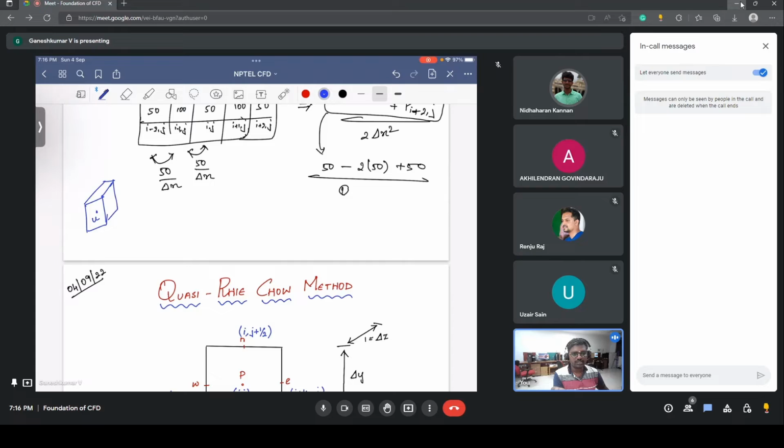Is this clear? Because it takes upwind also into consideration in addition to central. Central needs phi P and phi W. For upwind, you need another point in the upwind direction, so it comes from east. Okay, thank you very much.